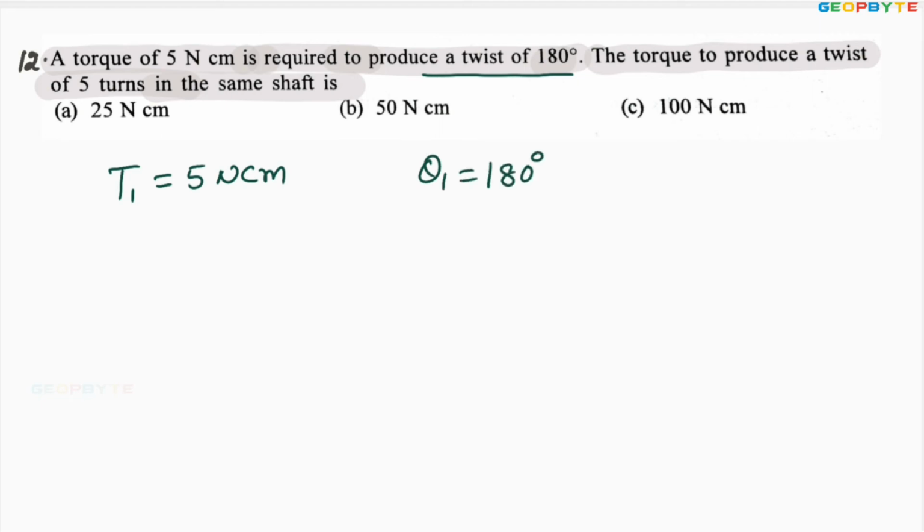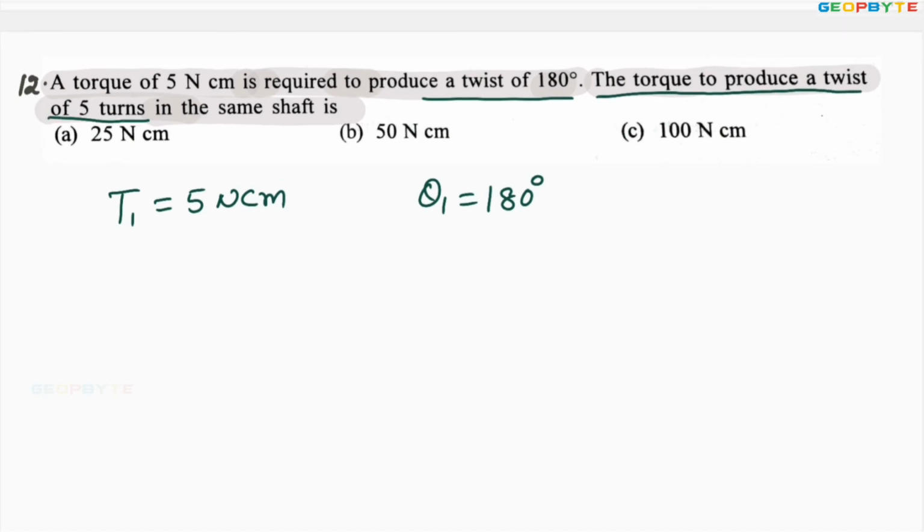The torque to produce a twist of 5 turns, theta 2 equal to 5 turns. You know, to complete a turn, 360 degrees to be completed.